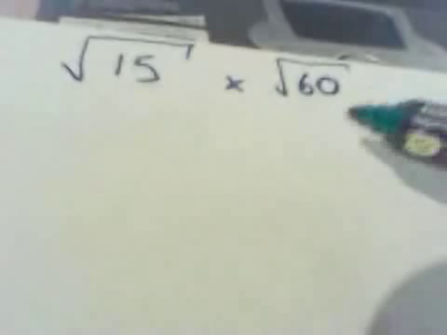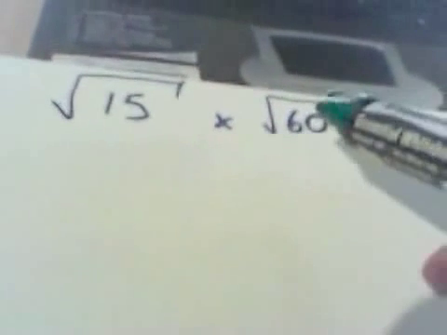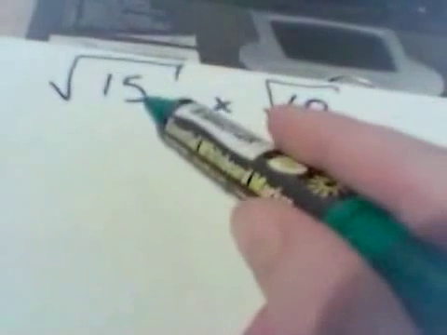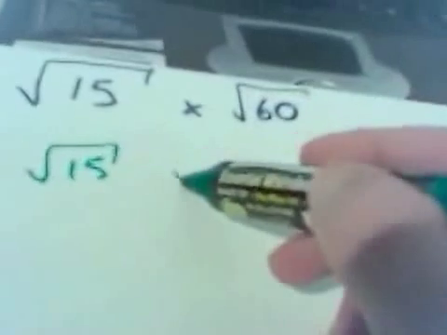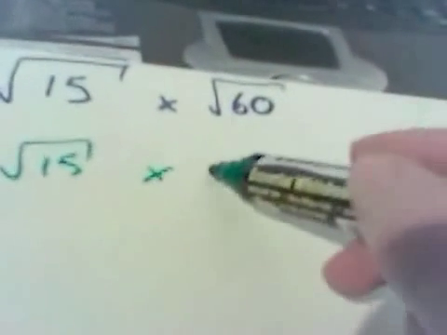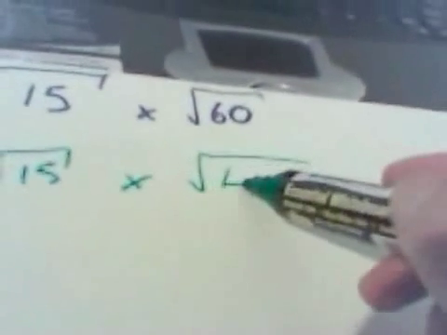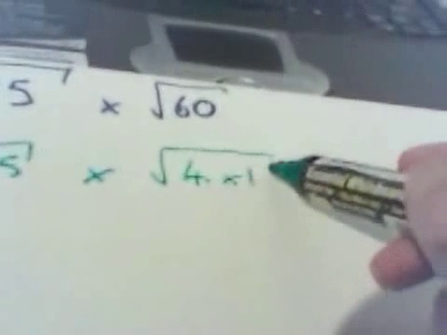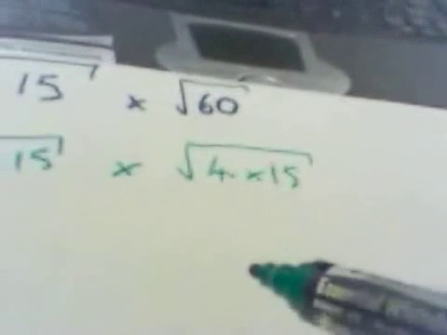And an alternative way, if we try to split down root 15 and root 60, well, we could start to combine the two. If we look at root 15, this would be the same as saying 4 lots of 15, that's what 60 is.